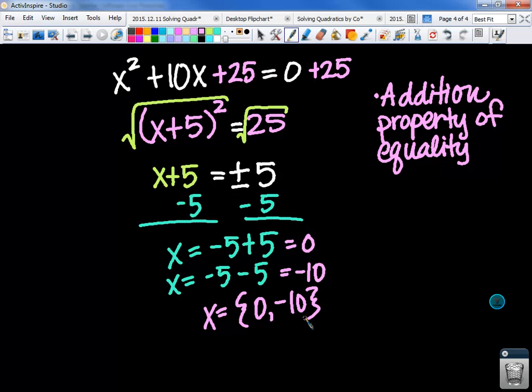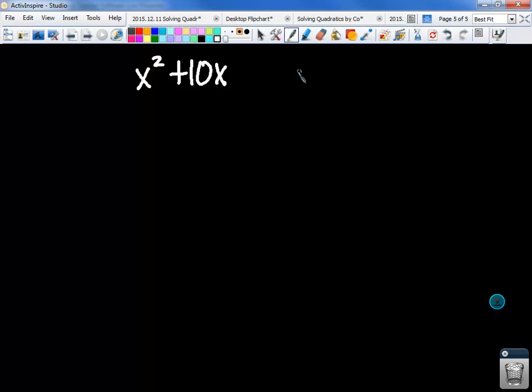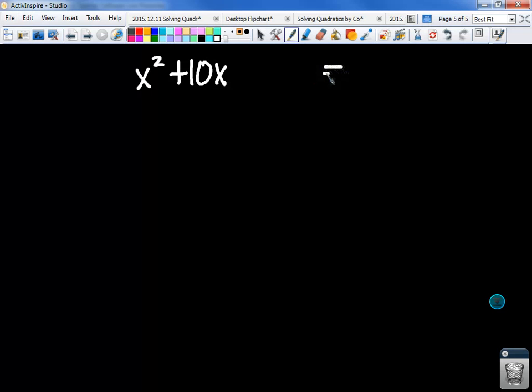We can solve this exact same equation using completing the square, but we can use a slightly different strategy. If I have x squared plus 10x, and I'm going to leave some space for my c value that's going to complete the square, and all of that equals 0.